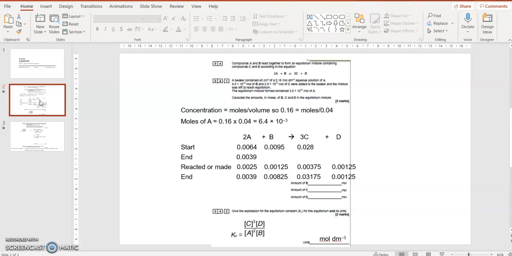I knew I needed to do that because I've been given 2 values for A, so I've got myself a mark straight off.